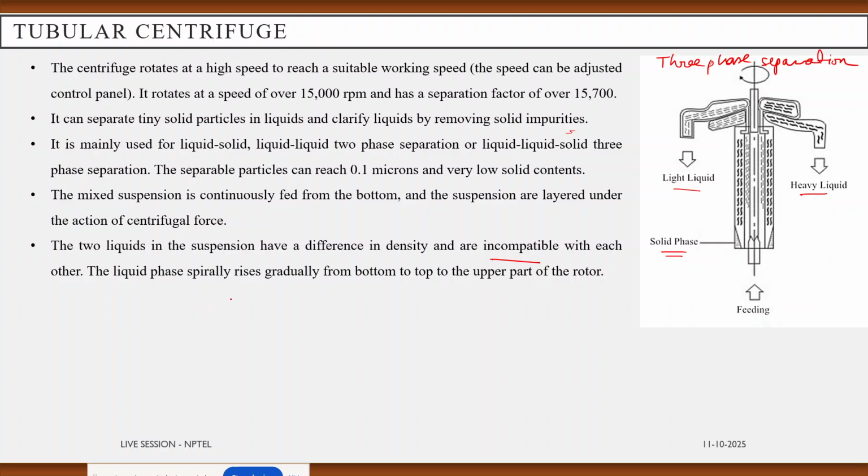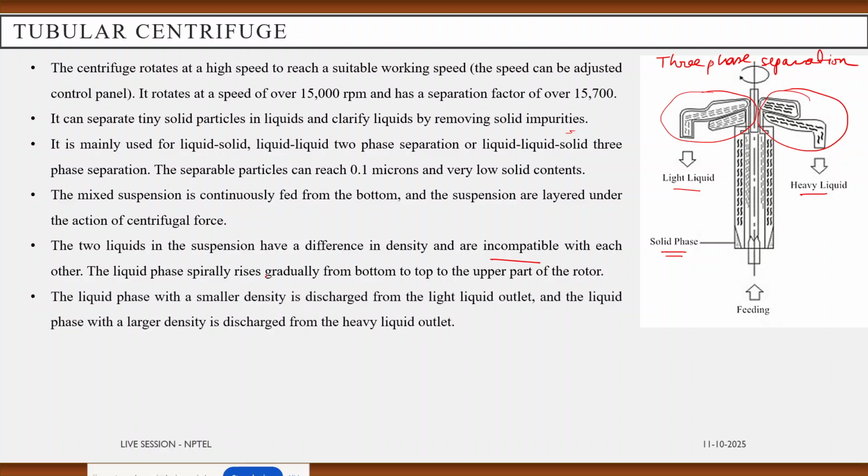The liquid phase spirally rises gradually from bottom to top to the upper part of the rotor, that is this part. The liquid phase with a smaller density, or the lighter liquid, is discharged from the light liquid outlet, and the liquid phase with larger density will be discharged in the other way.